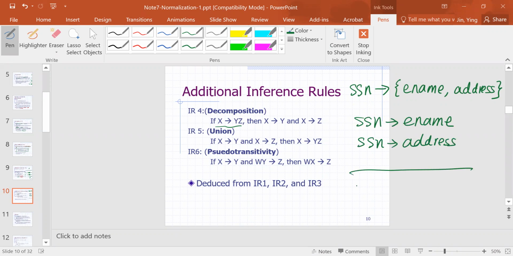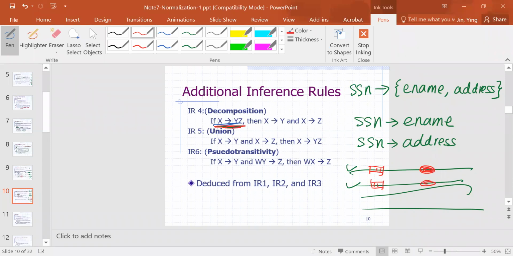If I have a couple of tuples here, and I pick any two tuples, according to this, if they have the same social security number, I'm guaranteed to have the same name. Also, I guarantee to have the same address. So that's according to this one. Same here, then same here, and same here.